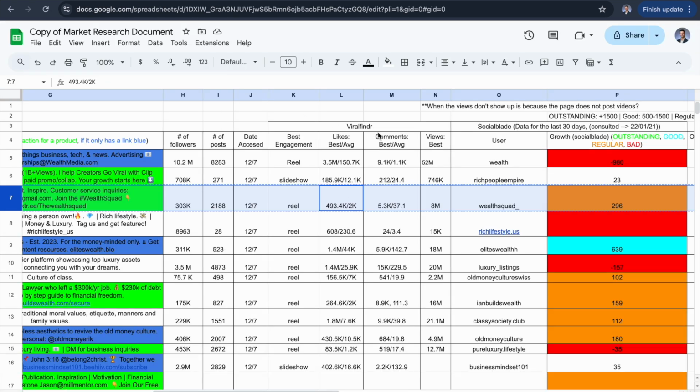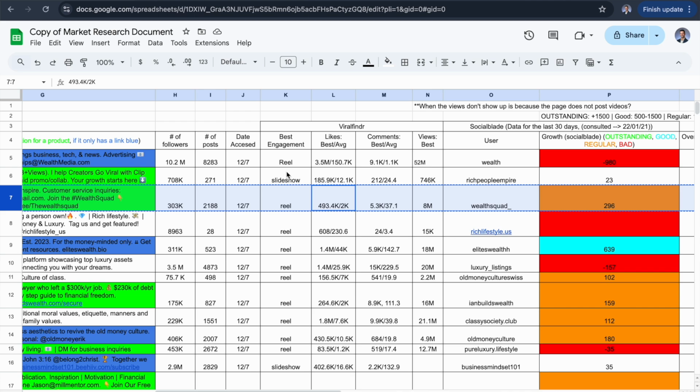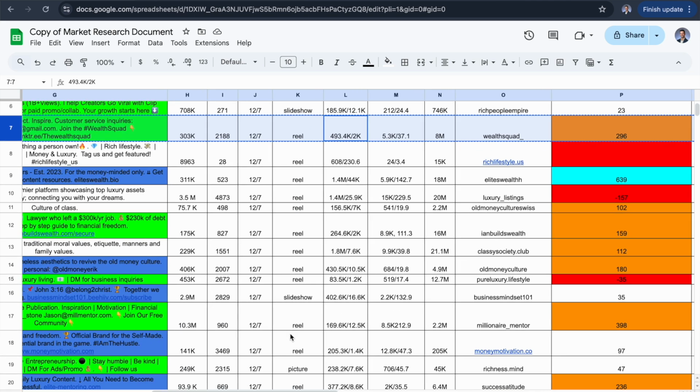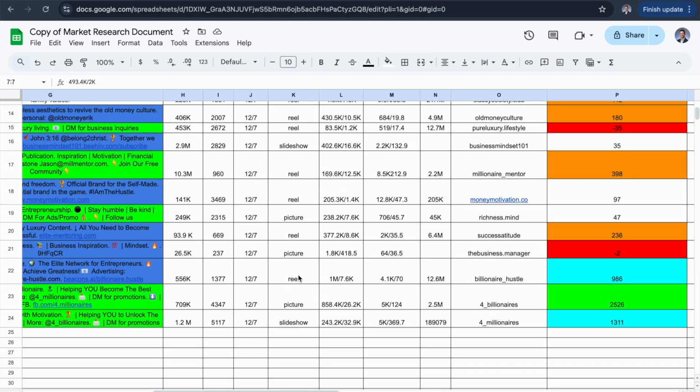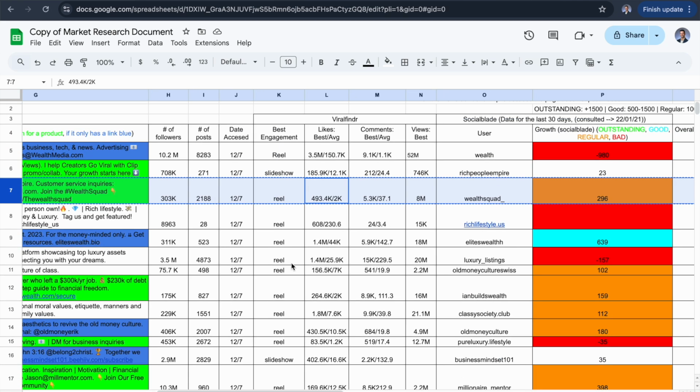But going back to this, this is the Viral Finder data. This is their most popular thing, which is a very interesting column. Usually, as you can see, most people post reels. Those are usually the most popular formats, because they get the most views, since when people scroll, they go straight to reels.